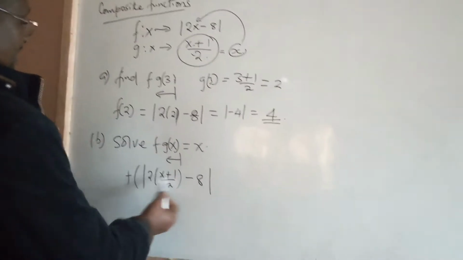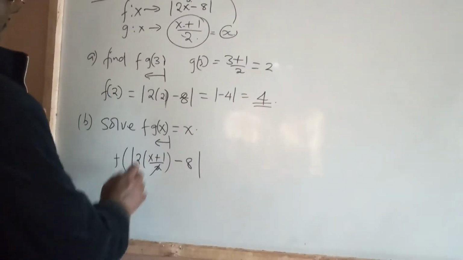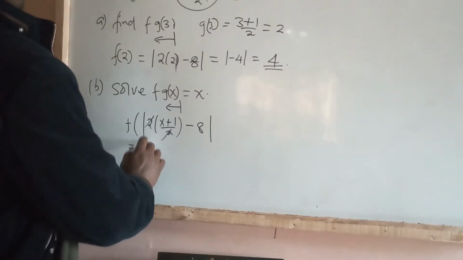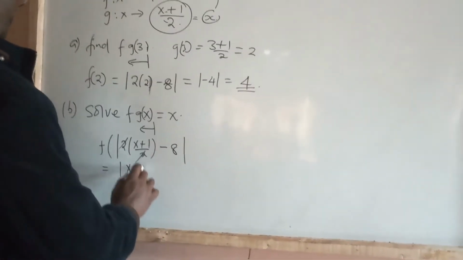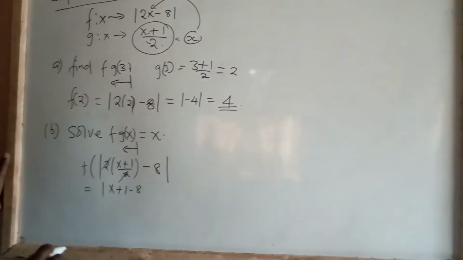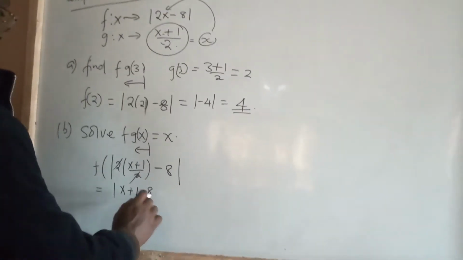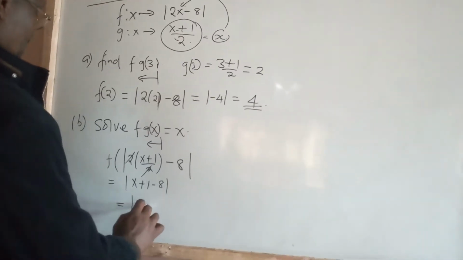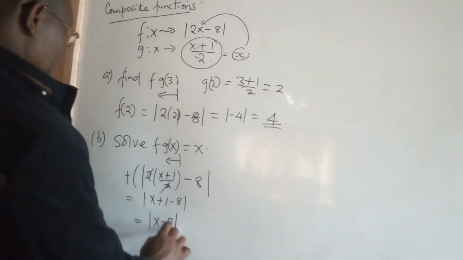And because this is just one bracket, we can cancel out 2 by 2, and this is going to be the modulus of x plus 1 minus 8, which is basically the modulus of x minus 7.